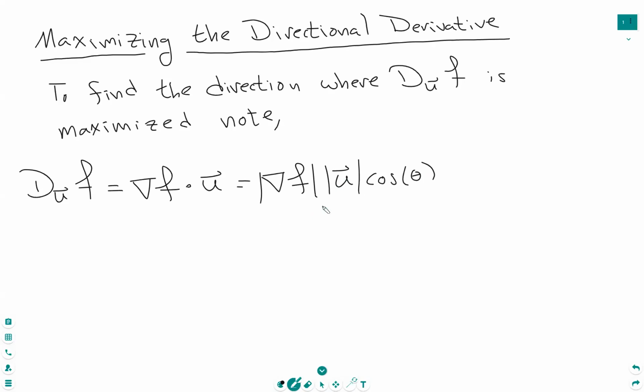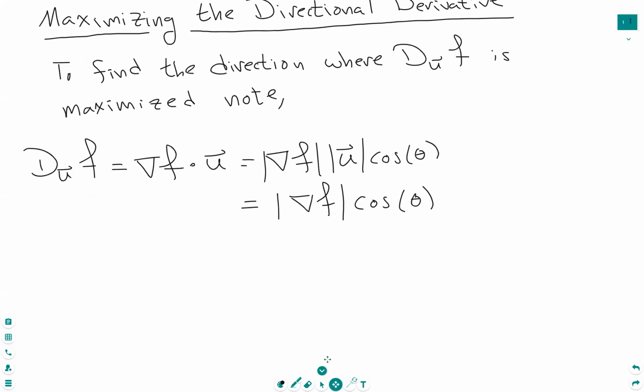Now, u is a unit vector, so its magnitude is just 1. So we can just write this as the magnitude of the gradient times cosine of theta, where theta is still the angle between the direction and the gradient vector.